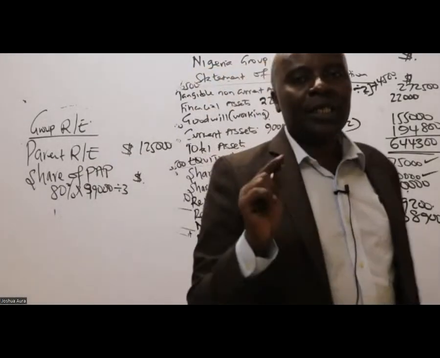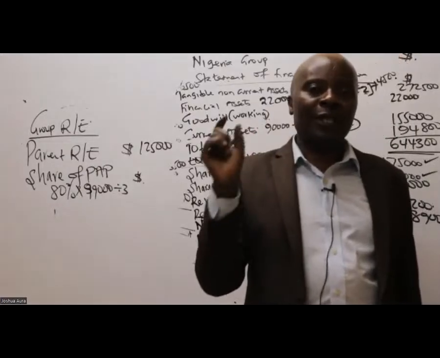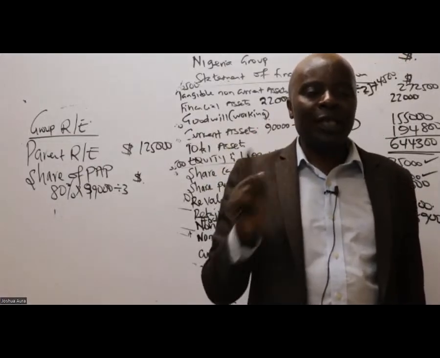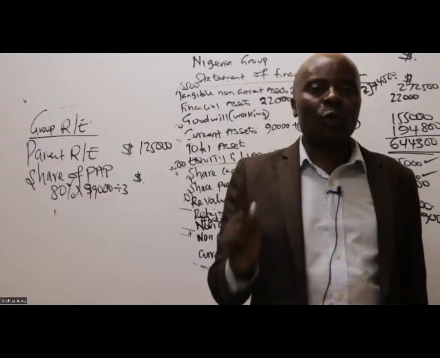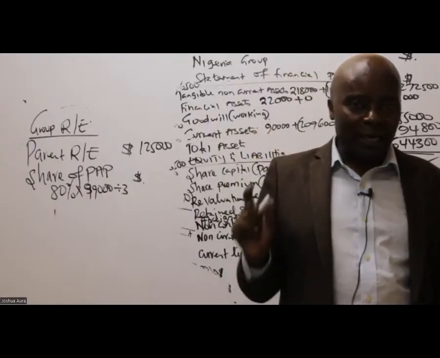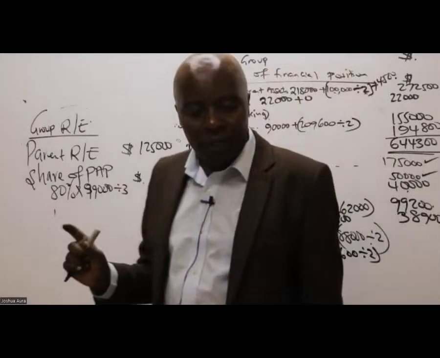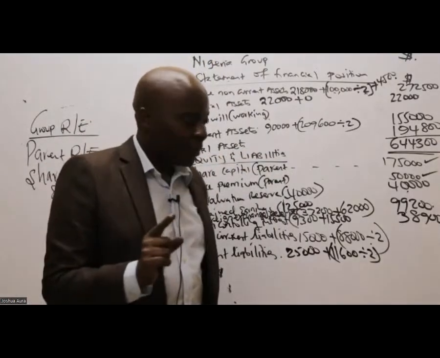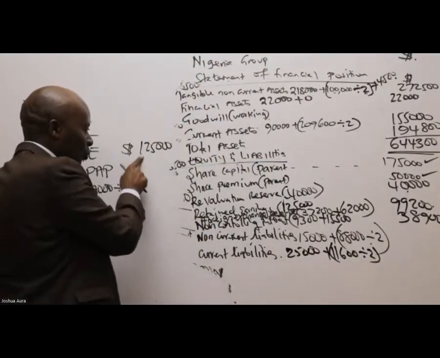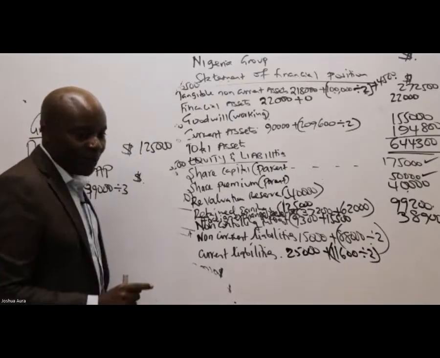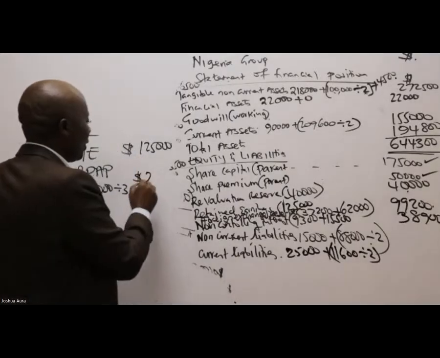So please don't forget that the exchange differences can never go to the group retained earnings. They'll be going to a special fund called foreign exchange reserve or foreign currency reserve. It's only POP that can go to the group retained earnings here, of which I can see Marietta giving me 26,400.